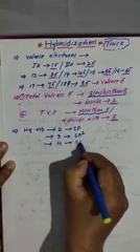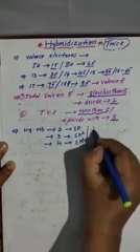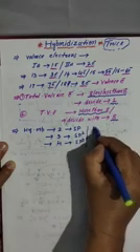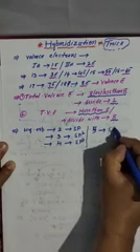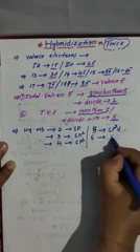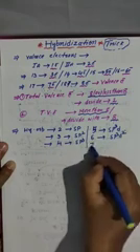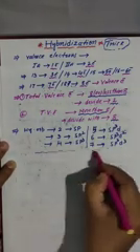If 4, sp3 hybridization. If 5, sp3d. If 6, sp3d2. If 7, sp3d3. We only have to remember this much at maximum.